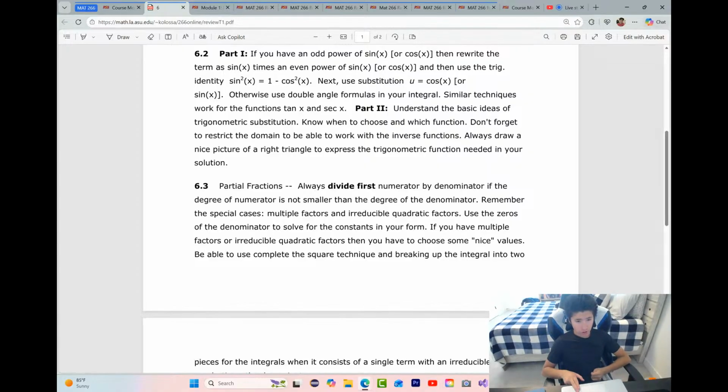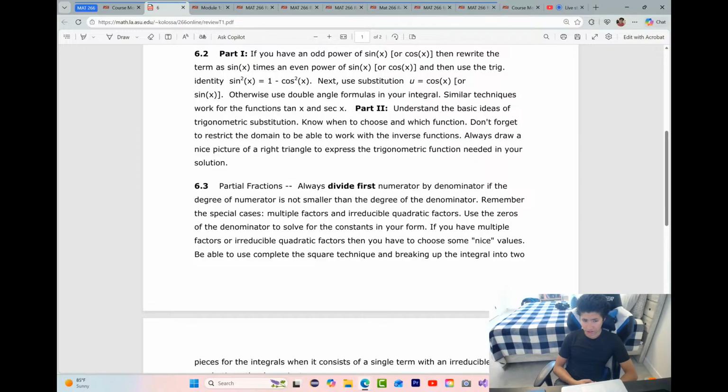What this will do is get negative the integral of u 1 minus u squared. Okay, sorry, we'll only get 1 minus u squared because du will take the sign. Right, and then in the other case, if you have an odd power of cosine, rewrite the term as sine of x times an even power of cosine of x.